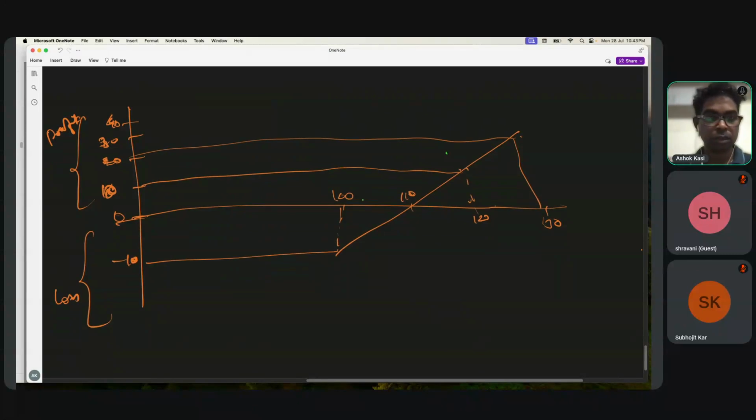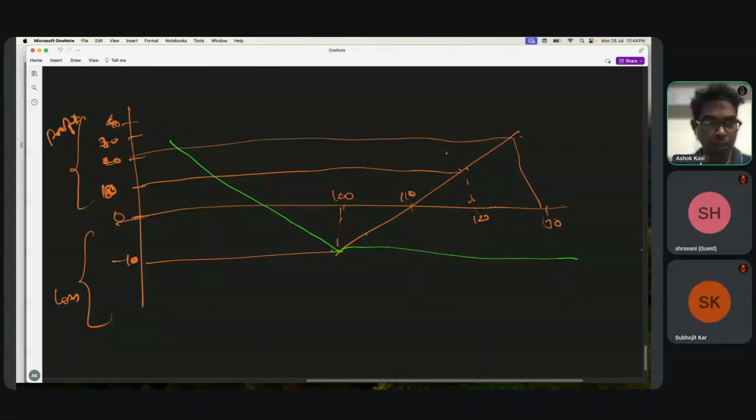Next one is put options. So for put options, okay, long call, short call, then you put it this way. This is long put.